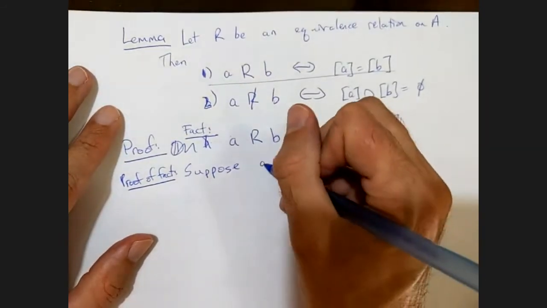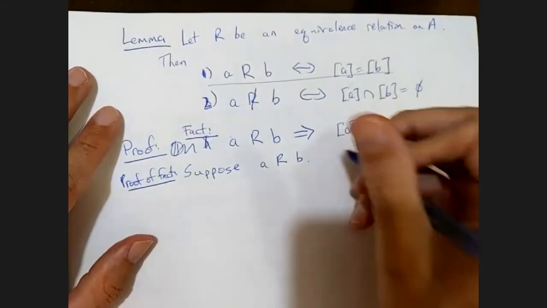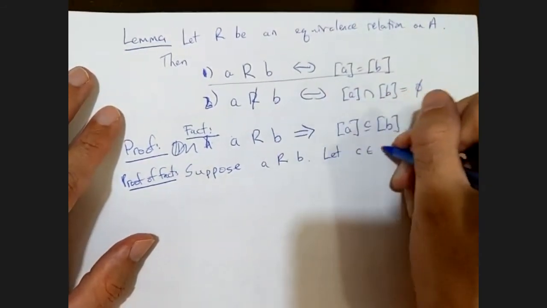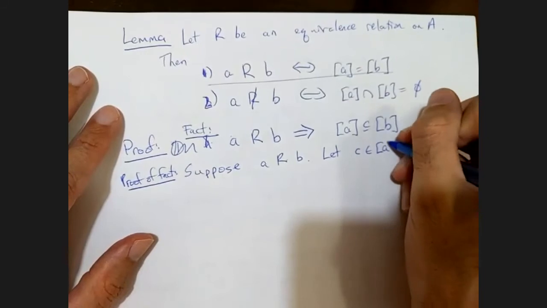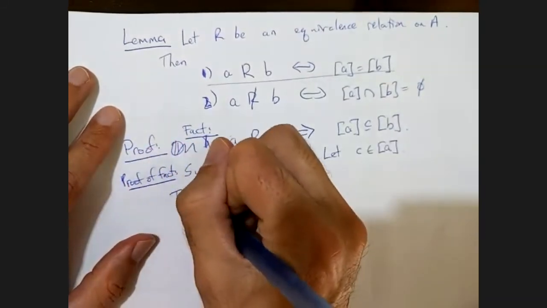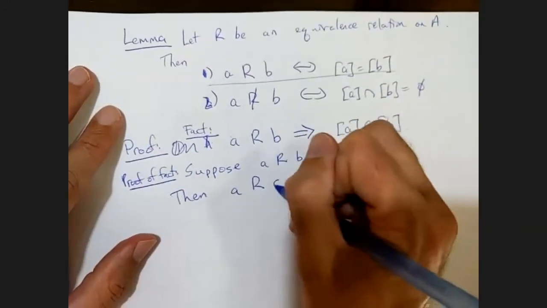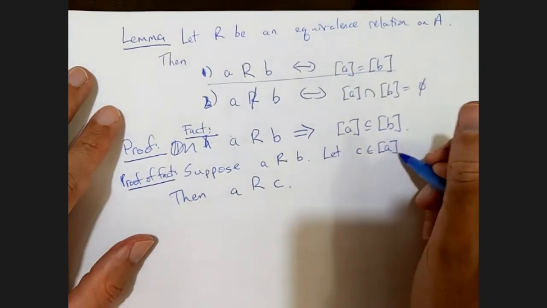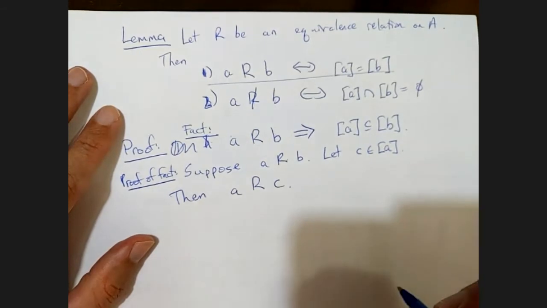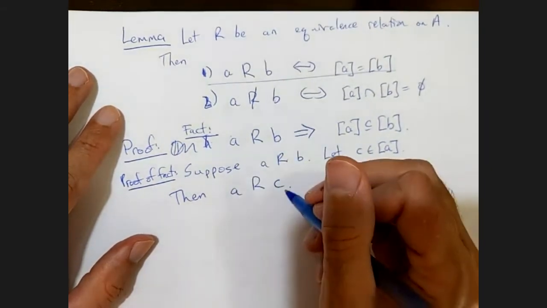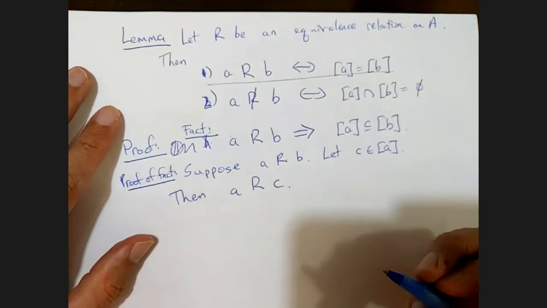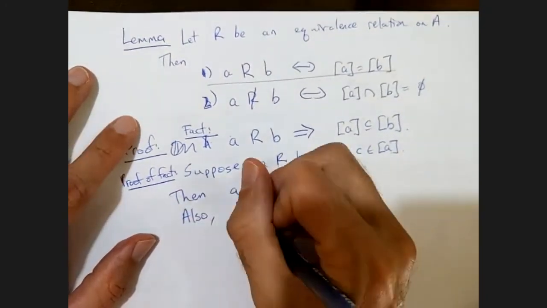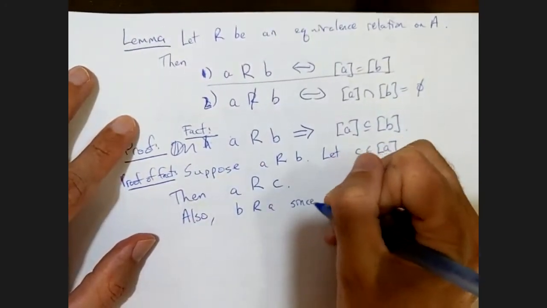So suppose a is related to b. Let c be an element of the equivalence class of a, so a is related to c. That's the definition of the equivalence class of a. Also, b is related to a since R is symmetric.